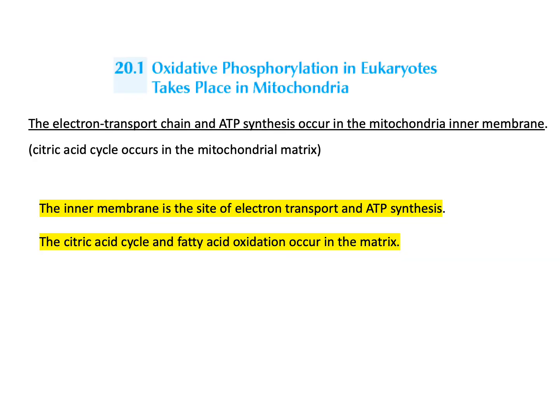Oxidative phosphorylation in eukaryotes takes place in the mitochondria. The electron transport chain and ATP synthesis occur in the mitochondrial inner membrane. The inner membrane is the site of electron transport and ATP synthesis, while the citric acid cycle and fatty acid oxidation occur in the matrix.